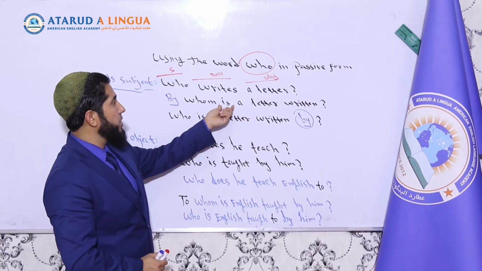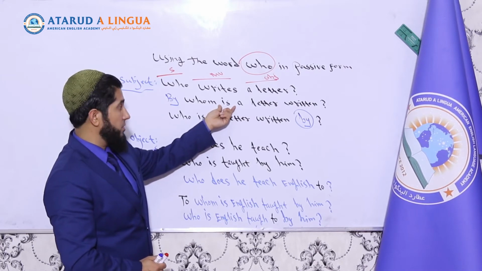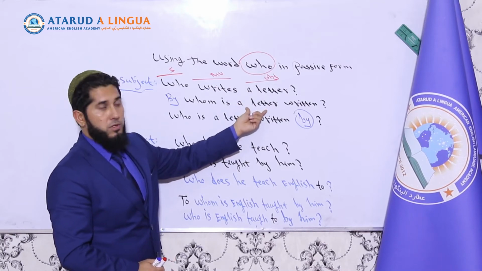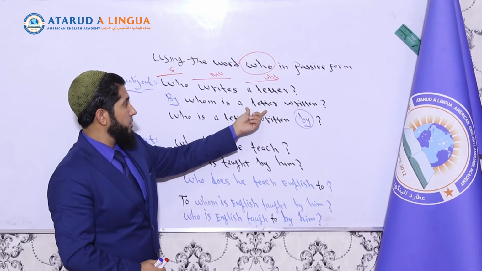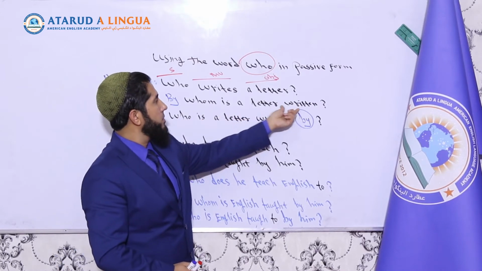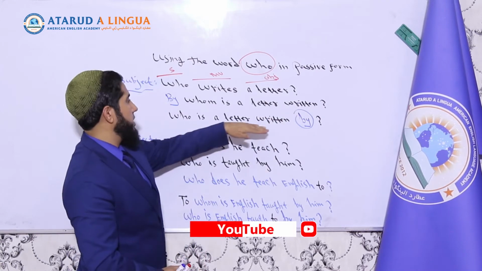And of course, a to be verb should be used according to the tense. In simple present tense, the to be verb is is. And the object of the active sentence is used as a subject over here, okay? So by whom is a letter, and the main verb is changed to third form, written. Or who is a letter written by.